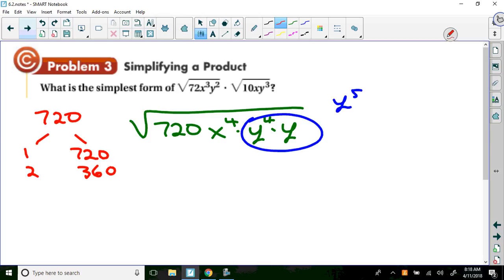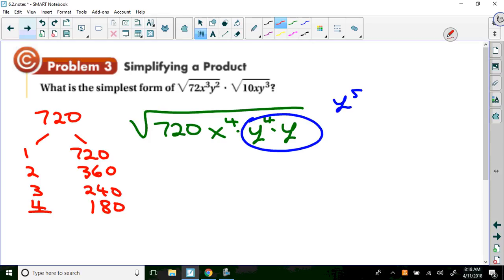So a number is divisible by 3 if the sum of its digits, 7 plus 2 plus 0, is 9. 9 is divisible by 3, so 3 goes into this. In case you didn't know, it's 240 times, but that doesn't help because 240 is not a perfect square either. 4 and 180, nice. Now, 4 is a perfect square, but it's not the biggest one because we already know 36 is a factor, right?